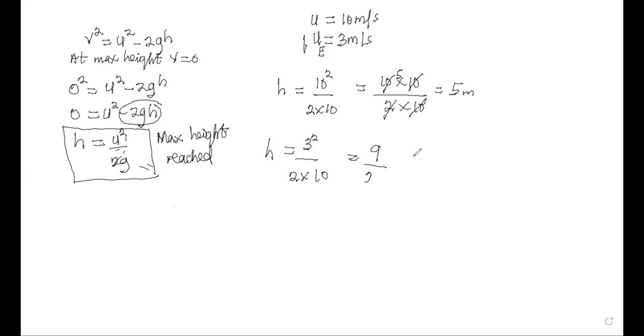And what is 9 over 20? 0.45. So that will be 0.45 meters. Not even up to 1 meter.